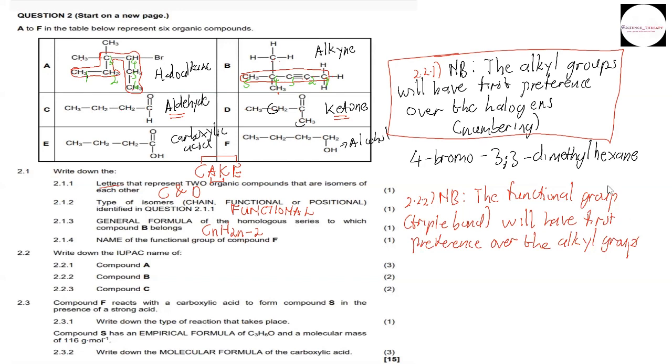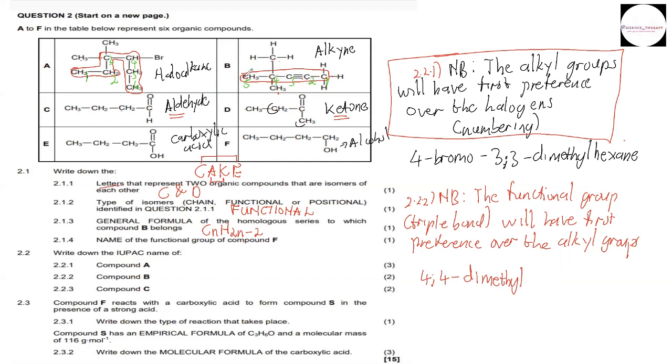So now, what is the name? The IUPAC name. Remember, I'm still looking for the IUPAC name. So this will become what? 4,4-dimethyl, because now our methyl branches, if we start numbering from here, are on carbon number 4.